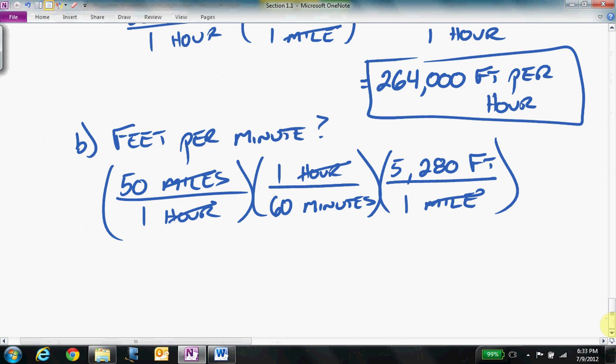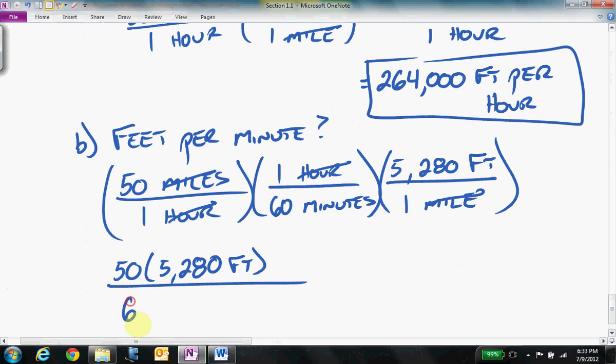So I'm left with 50 times 5,280. So that's going to be in my numerator. Feet over 60 minutes. Well, we already did this problem right here.